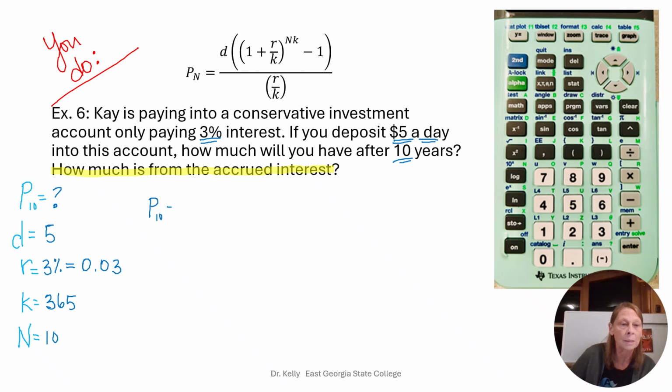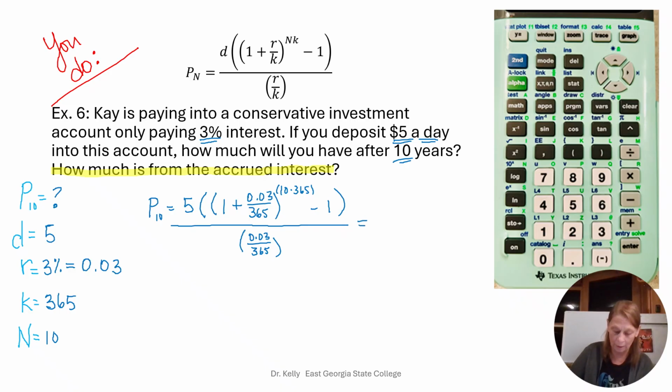P of 10 is equal to 5 times (1 plus 0.03 over 365) to the power of 10 times 365, minus 1, close the parenthesis, all of that over 0.03 over 365.